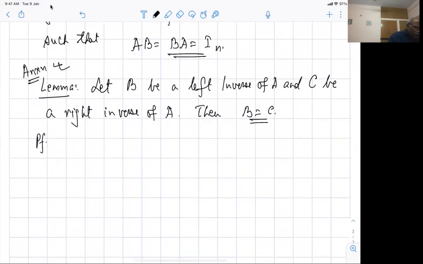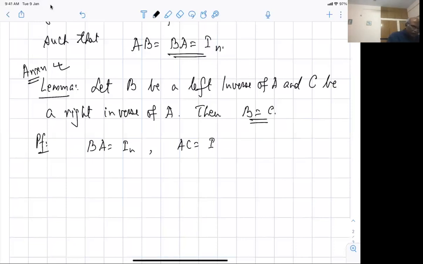Proof. Let's write what exactly I have, and then we'll understand it better. B is a left inverse of A, so B times A is identity. Similarly, C is the right inverse, so A times C is identity. Fine. So I want to just multiply and see what is happening.